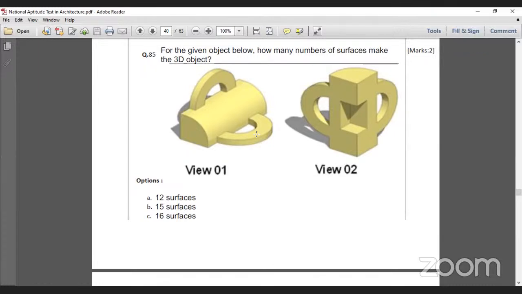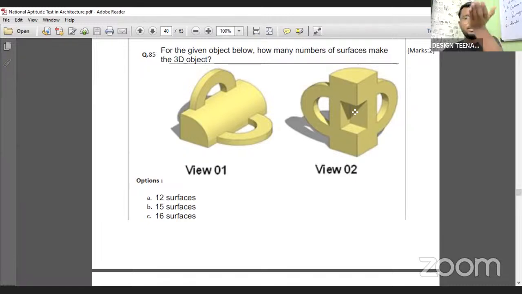Exposed 4 and 4, 8 we have considered. Now for this one, 1 at the top, 1 at the bottom. So 8 plus 2 is 10. Over here 11, 12, 13, 14, 15, this upper part inside, 16 surfaces we have got.